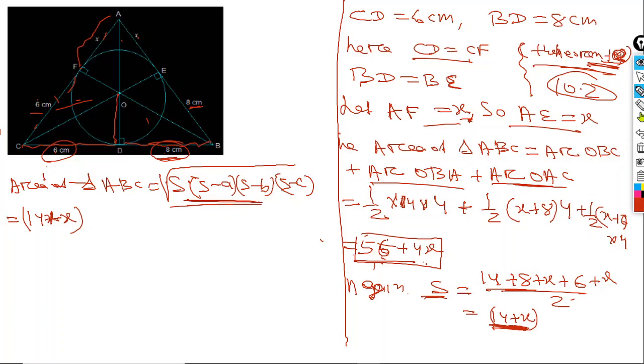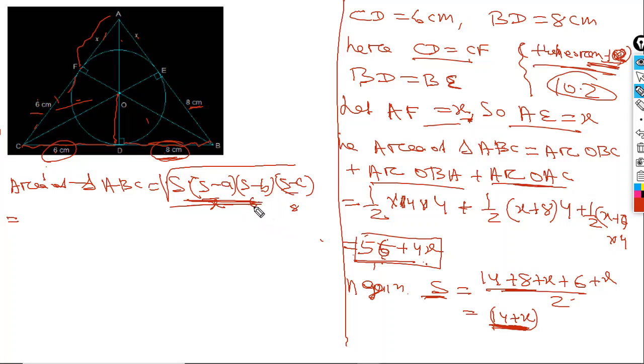Here please put the value of s, which is 14 plus x, so 14 plus x into 14 plus x minus 14, it will be only x here, then s minus b, that is 14 plus x minus 8, that means x will be cancelled, only 6 will be here, and here it will be only 8.